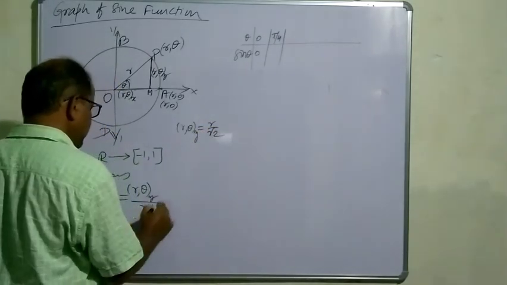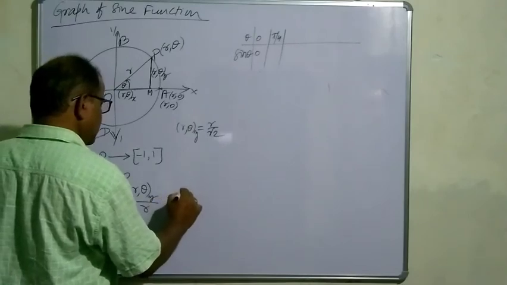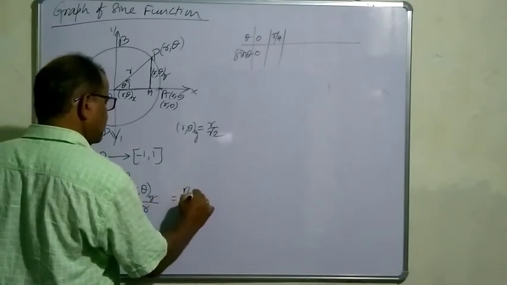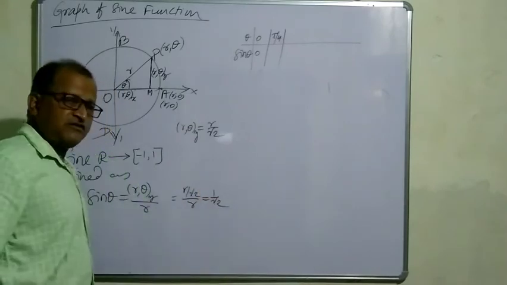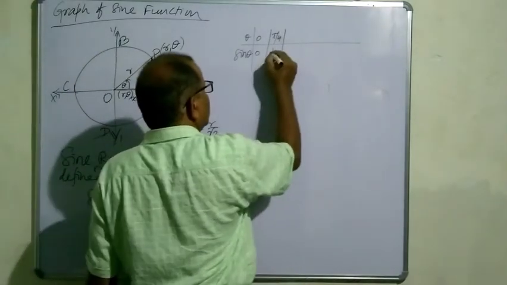So sin theta will be r by root 2 by r, that is, 1 by root 2.